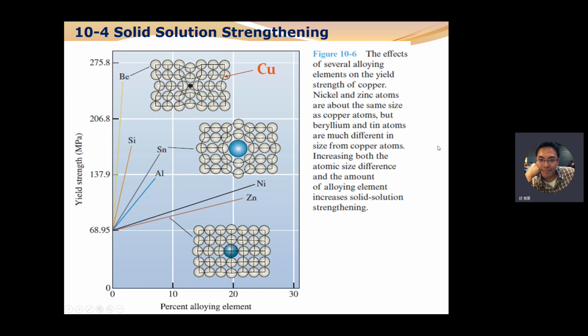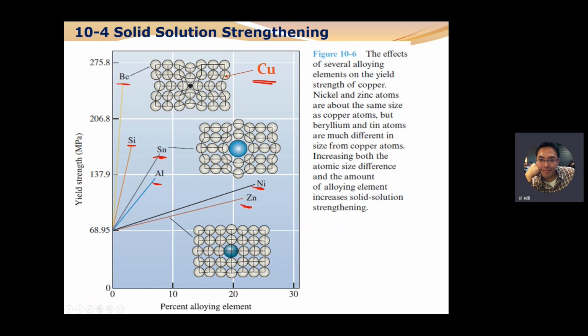The matrix atom, or lattice atom, is copper, and the alloy element, or point defect element, has a different atomic radius. Here, the first one is beryllium, and silicon, tin, aluminum, nickel, and zinc.